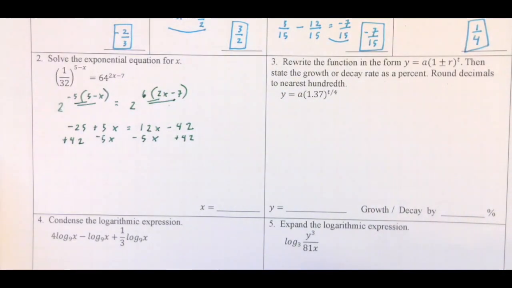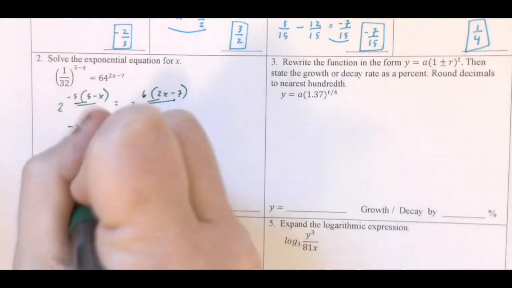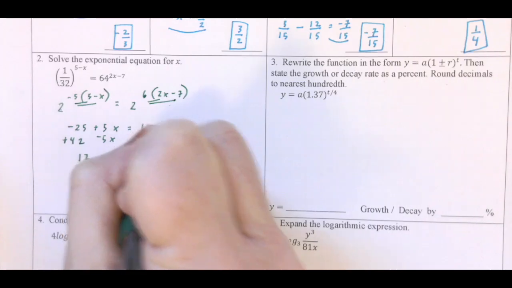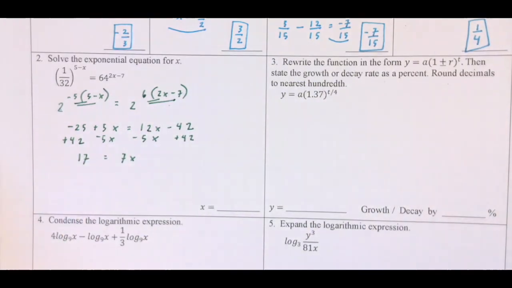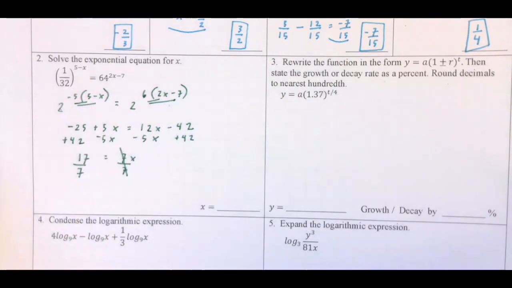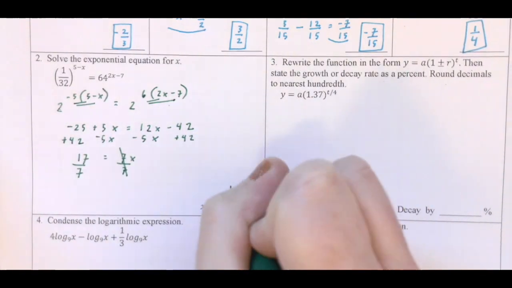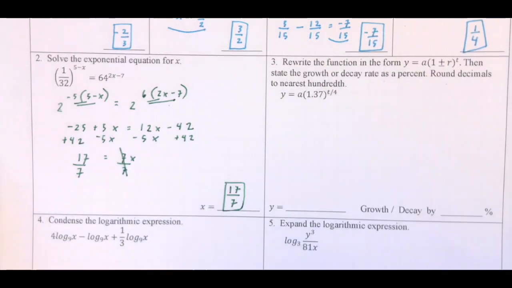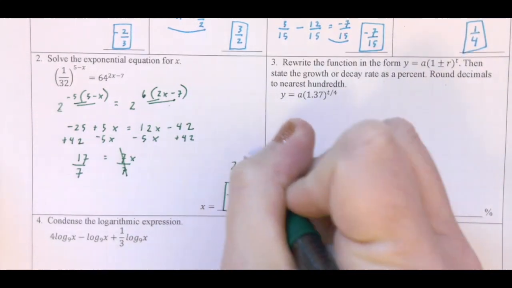All right, so over here I'm going to get 17 equals 7x. Okay, divide each side by 7. Right, it's already reduced, so we'd say 17/7. Okay, you want to write that as 2 3/7.